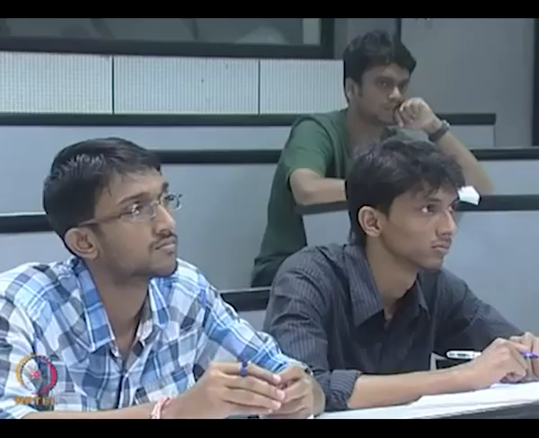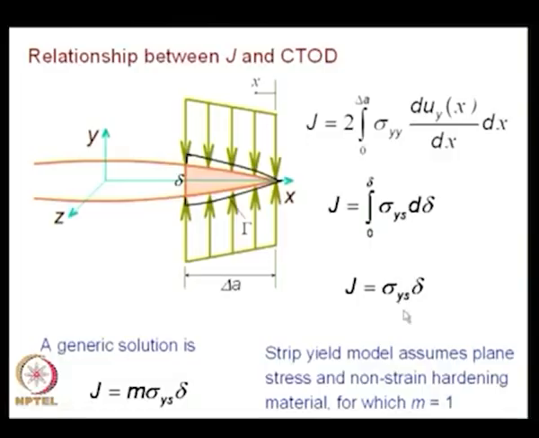Later people also have developed what are known as failure assessment diagram, and the starting point was from Dugdale's model. So, what you find here is J equal to sigma ys delta, which you get from Dugdale yield strip model, but the generic relationship you could have a factor which could be different from 1 in real elastoplastic fracture mechanics.